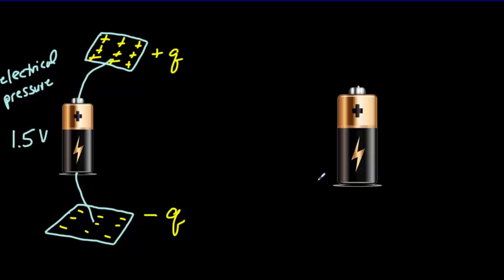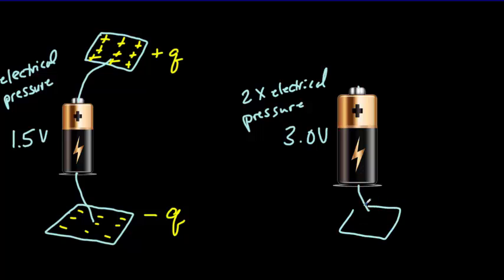And now let's suppose we have another battery, a bigger battery, but really by bigger I mean a higher voltage battery. Let's make it 3 volts. So it's got twice the voltage, twice the electrical pressure. And we're going to extend each of the terminals and put a plate.